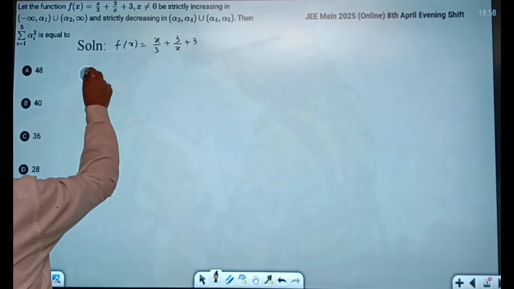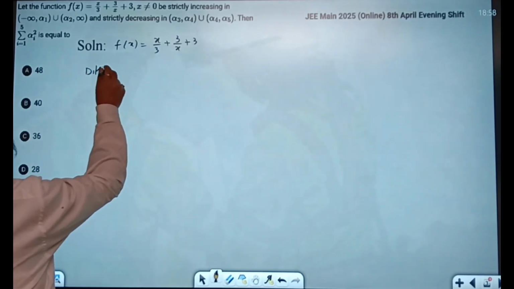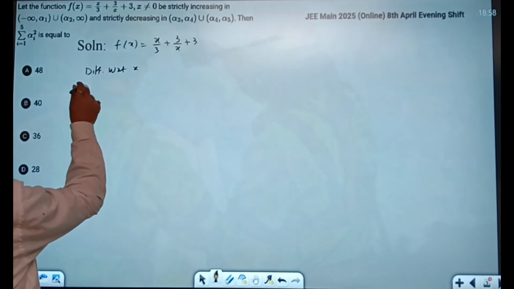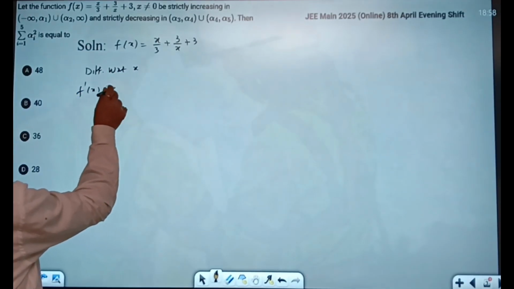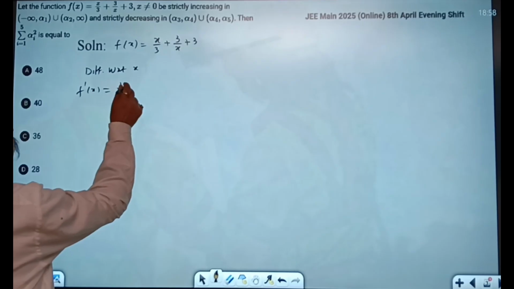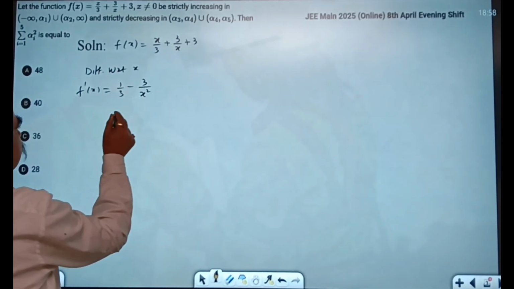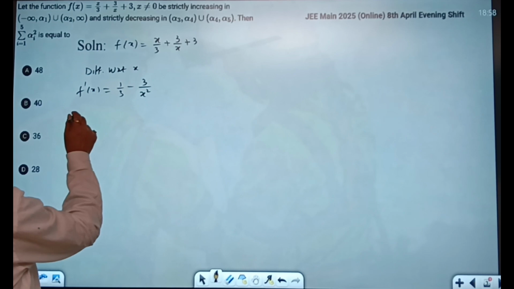So differentiating with respect to x, f dash x is what? 1 by 3 minus 3 by x square.